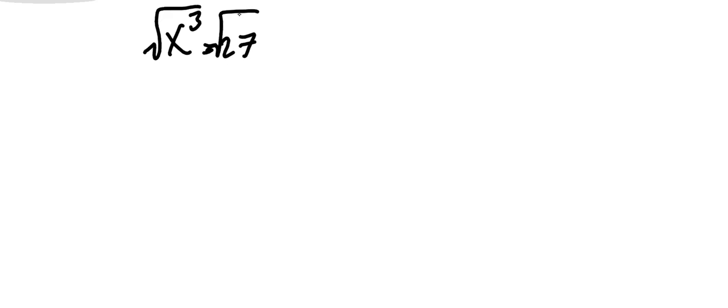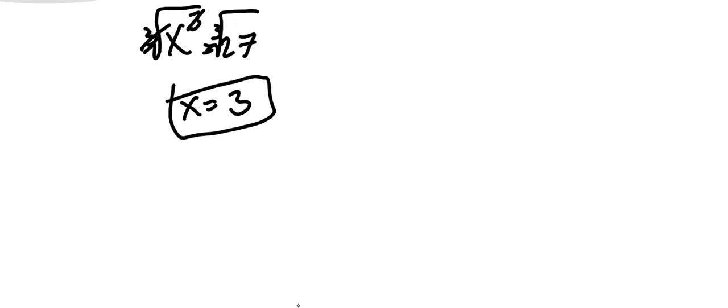All right, let's try another one. Let's say we have x to the third equals 27. Let's take our cube roots on both sides, because exponentiation and roots are opposites. This is going to cancel, and x is going to be equal to the cube root of 27, which is 3. So in this case, x equals 3.